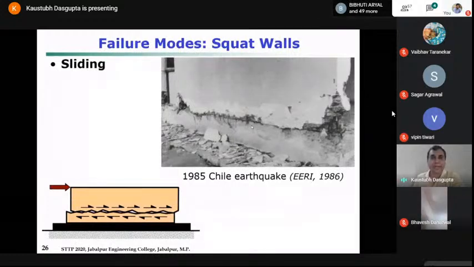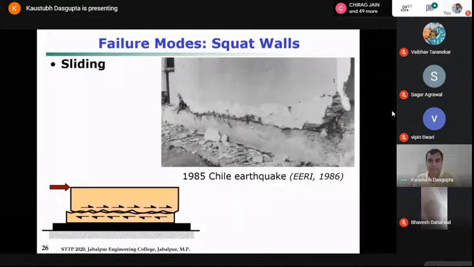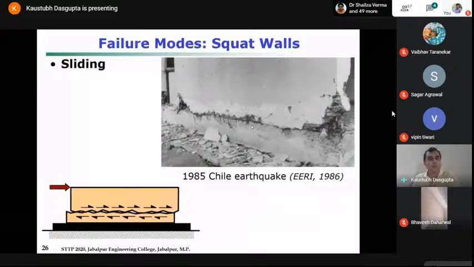Otherwise, it is very unlikely that the lateral shear force can be so high to cause horizontal crack and then sliding. Okay? So, full sliding is very rarely observed.